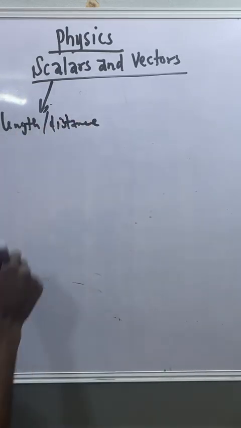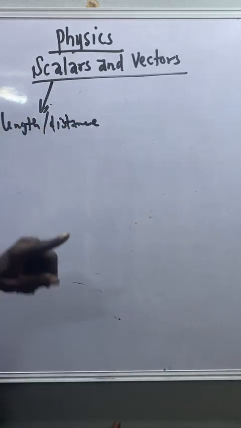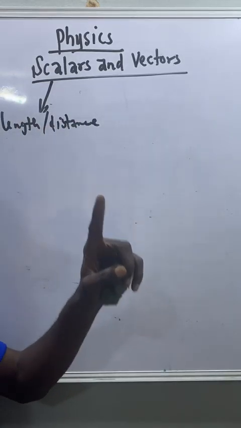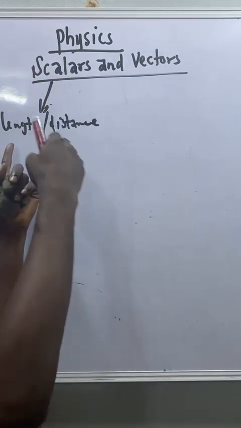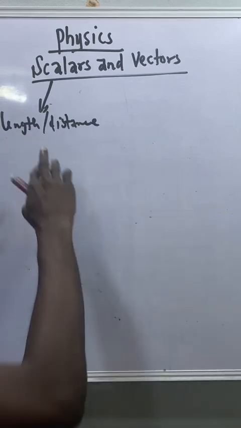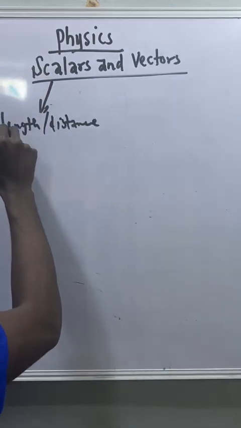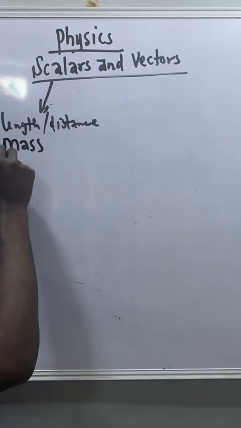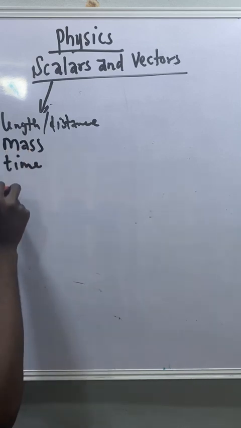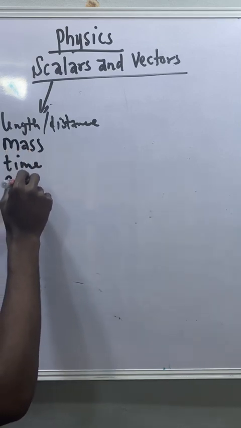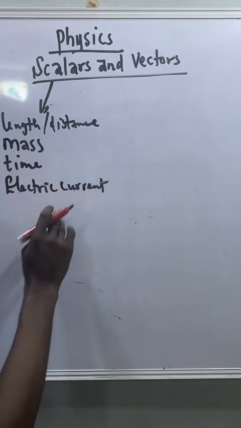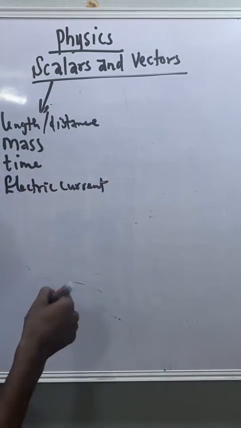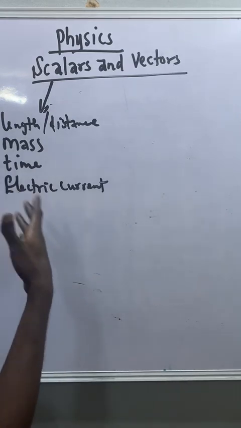So once length is part of them, that means height, breadth, width, anything that has to do with length, thickness, they are also scalars. Then mass is also among them. Time is a scalar. Electric current is a scalar. Electric charge is also a scalar. Potential difference is also a scalar.